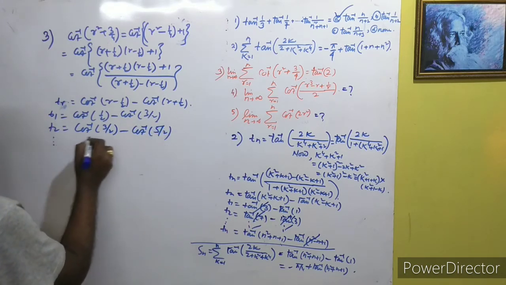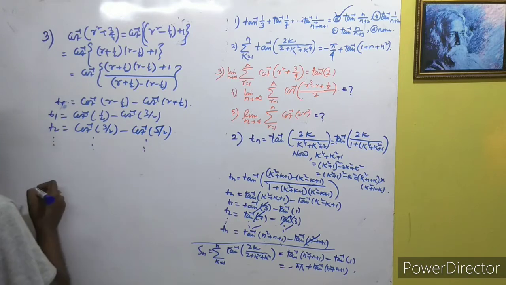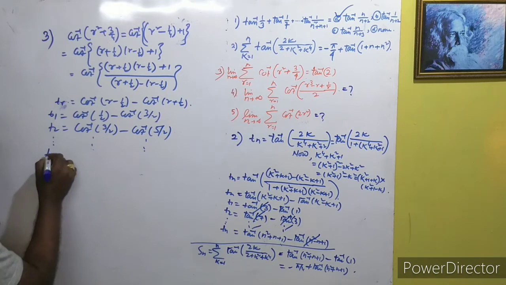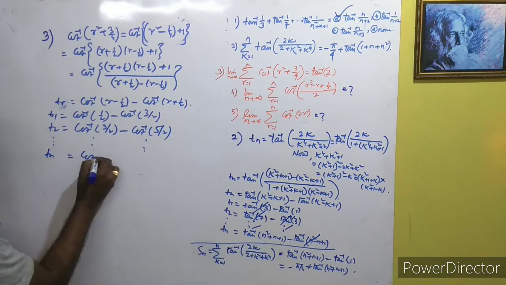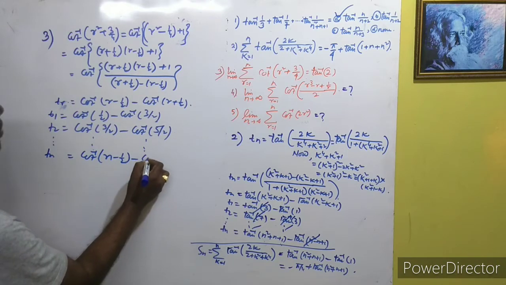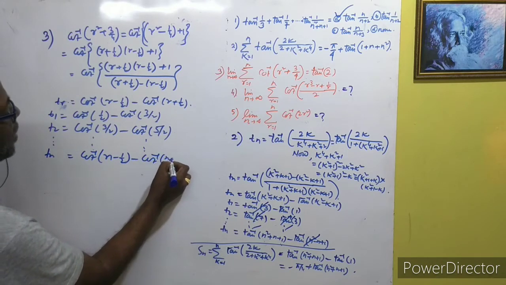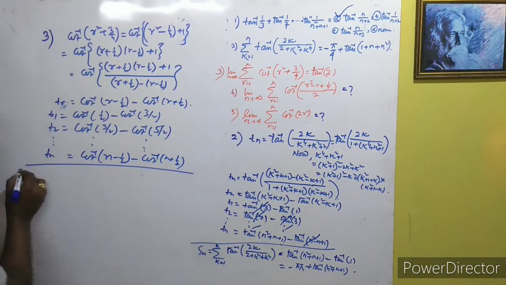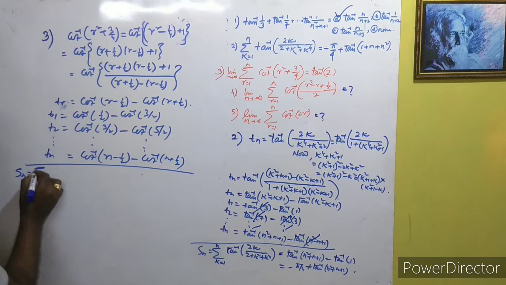So similarly we can proceed up to tn, so you can write here tn, this is here cot inverse n minus half and minus cot inverse n plus half. Okay, and do the sum, so therefore we can write here Sn, and also it can be written as, so here r equal to 1 to n here.